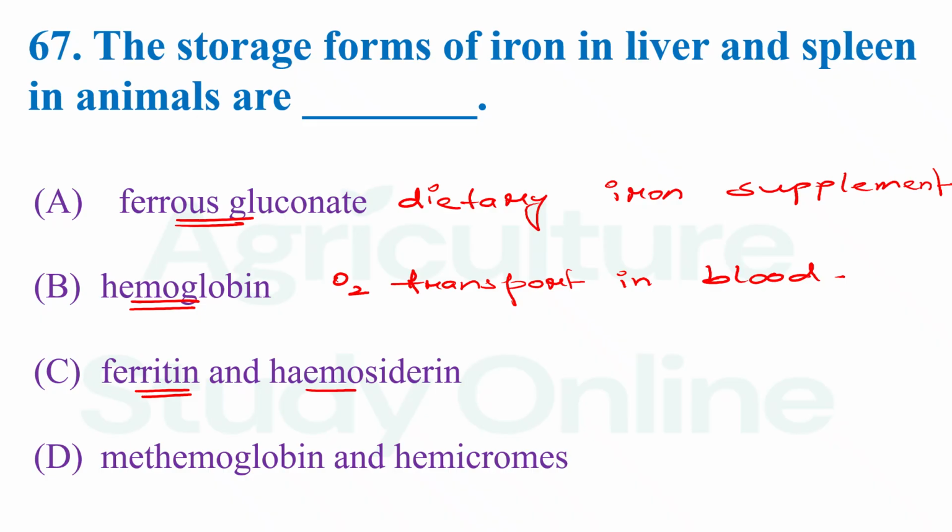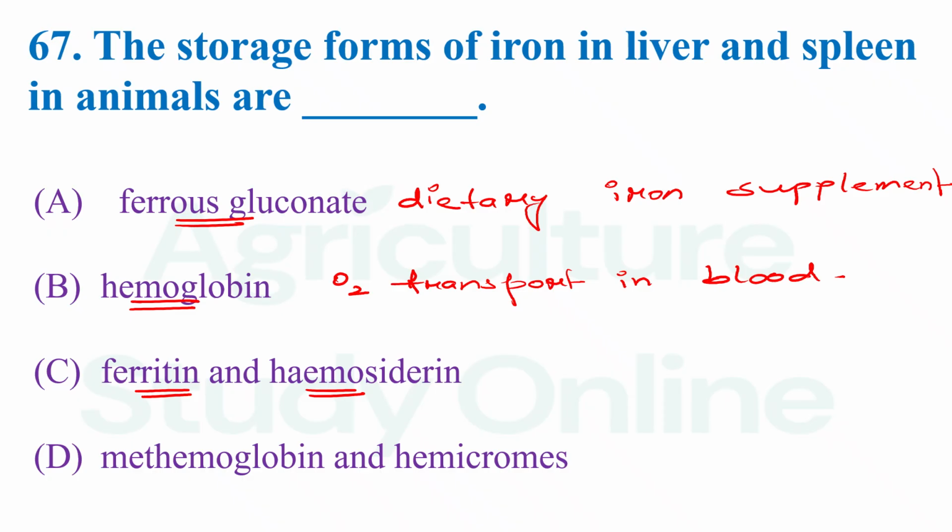Ferritin and hemosiderin are the main iron storage forms in the liver and spleen. Ferritin is soluble and readily available iron, whereas hemosiderin is insoluble, the storage form of excess iron.